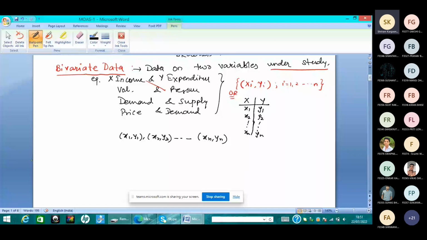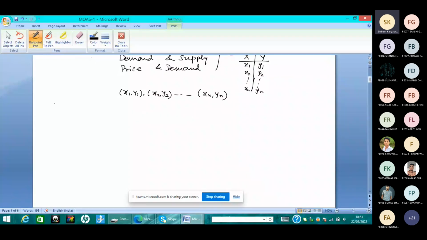For a real life example, suppose I have to collect the height and weight of the eldest son in 5 families. The family numbers 1, 2, 3, 4, 5 are just for reference.